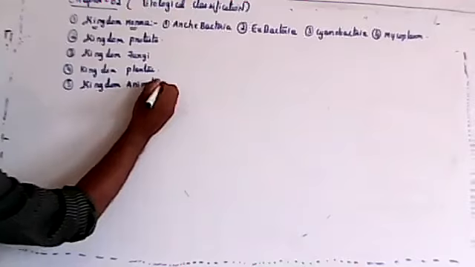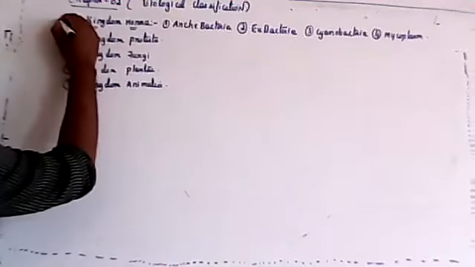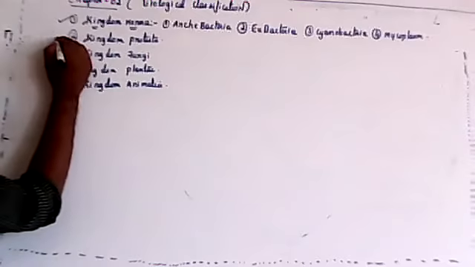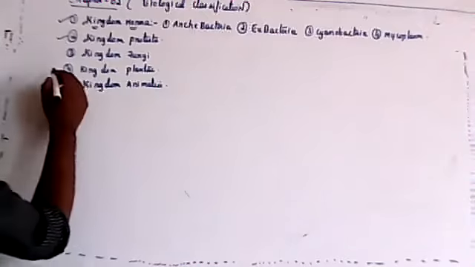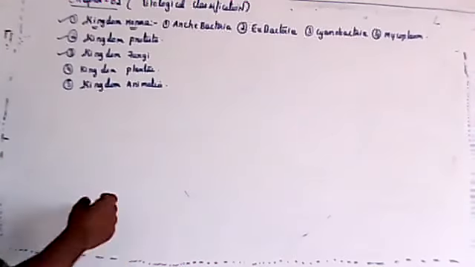Then kingdom Plantae, and the last one is kingdom Animalia. This much you need to study in this chapter. Kingdom Protista has different classifications. Kingdom Fungi also has classification.